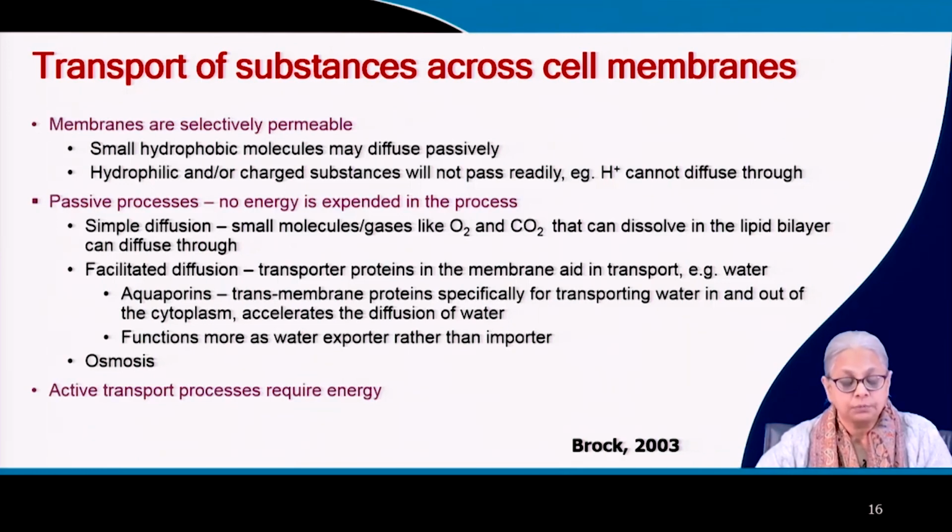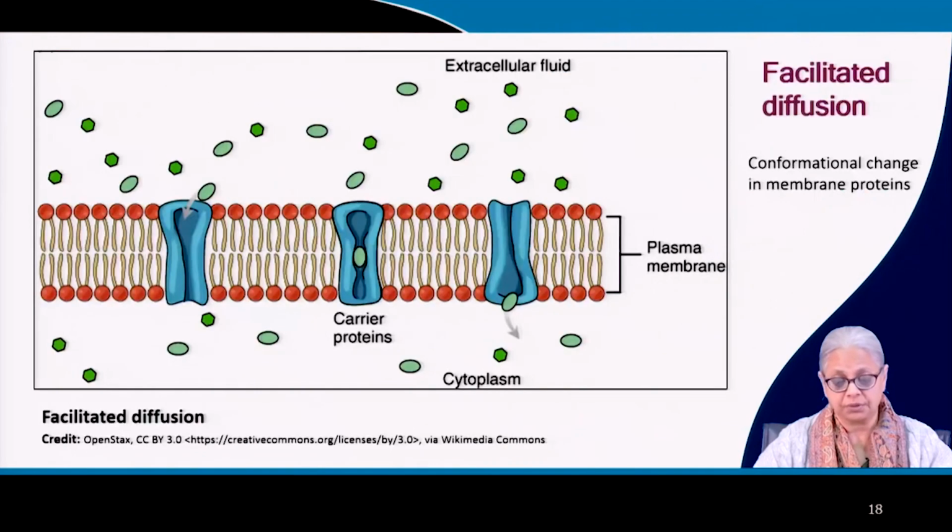So we today know that there are aquaporins. There are aquaporins which are transmembrane proteins specifically for transporting water in and out of the cytoplasm. It accelerates the diffusion of water. Remember that water is not going to diffuse through this hydrophobic layer of the plasma membrane. So these proteins, the aquaporins, are shown over here. So here you have these transmembrane proteins. You can see one of them, and any material, whether it's water or any other kind of substance, it will come in.